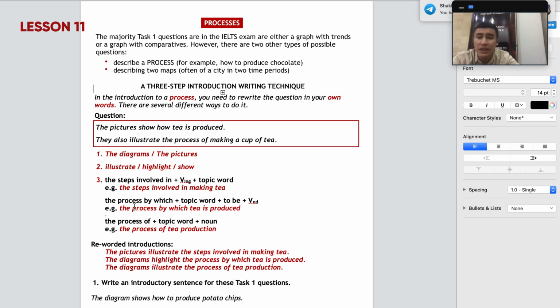And of course, then you can say the process by which, topic word, to be and verb-ed, the process by which tea is produced. You can also say the process of, topic word plus noun, so the process of tea production. It's up to you which structure you will choose for your introduction.